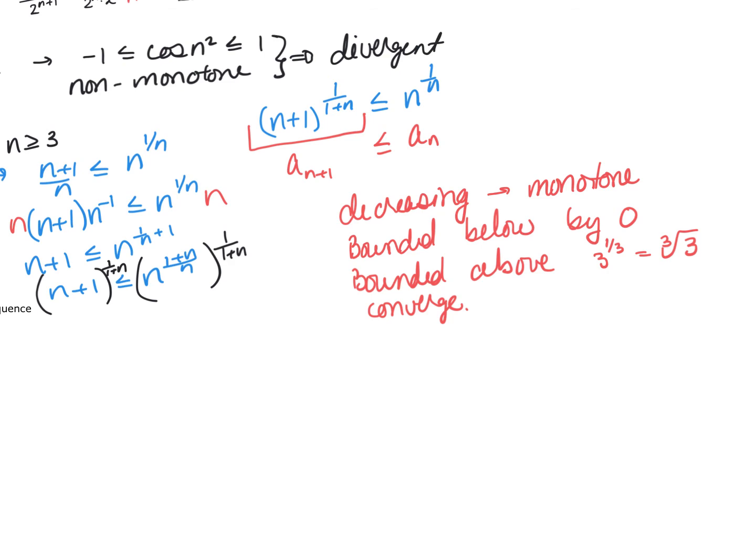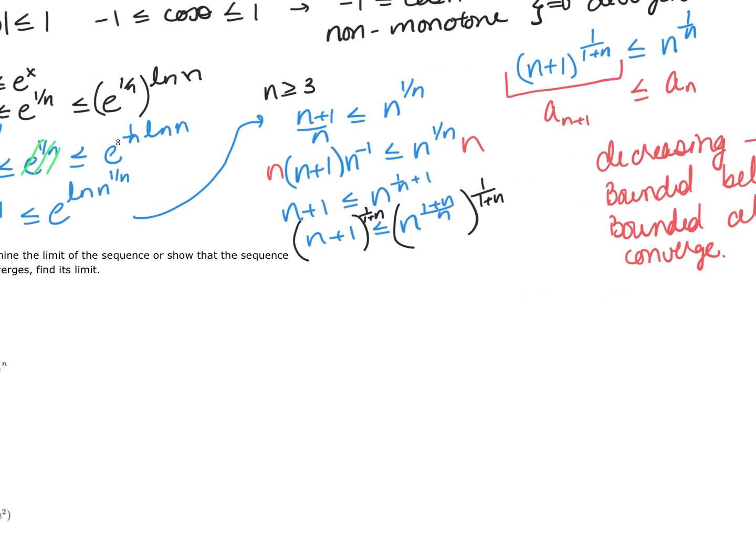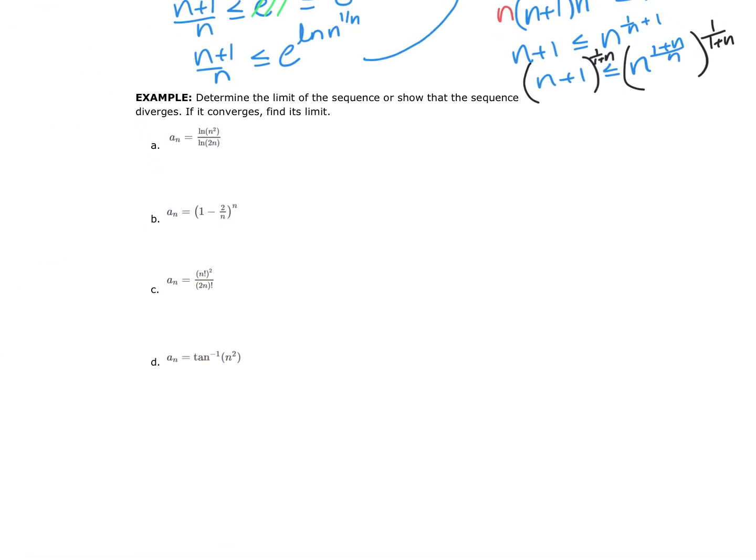Now that we've got an idea of how to determine if it's monotone and bounded, let's actually find out if the sequences have a limit, which shows if it converges or diverges. Our first example is the natural log of n squared over the natural log of 2n. So I'm going to take the limit as n approaches infinity of the natural log of n squared divided by the natural log of 2n.